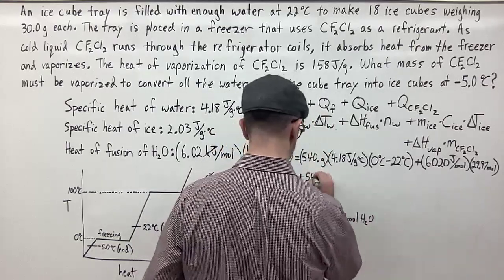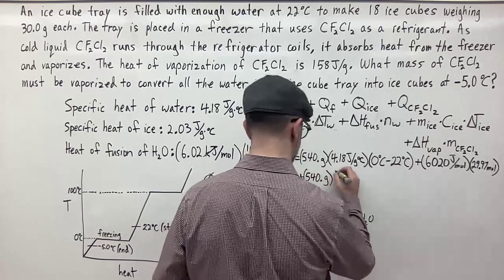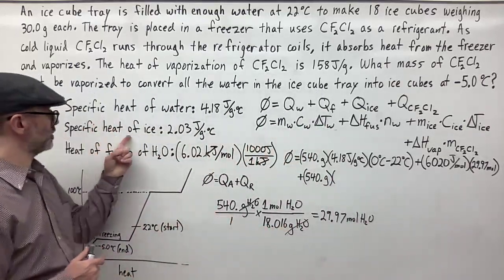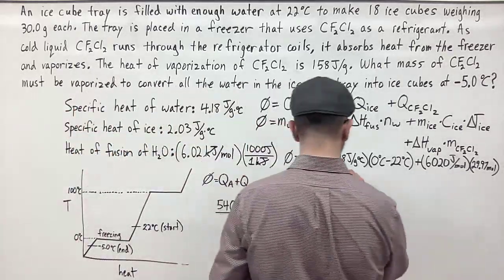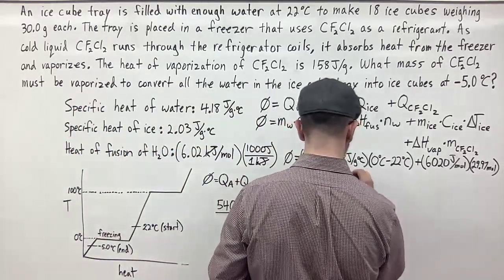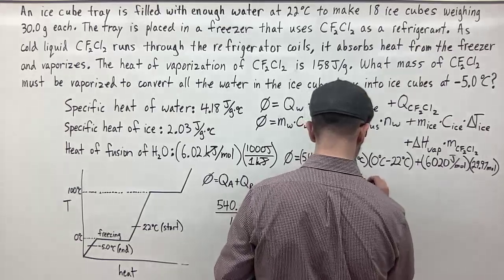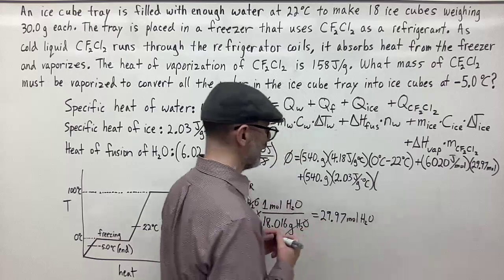So 540 grams of ice multiplied by the specific heat of ice, which we have here. Specific heat of ice is 2.03. So 2.03 joules per gram degrees Celsius. Multiplied by its temperature change.